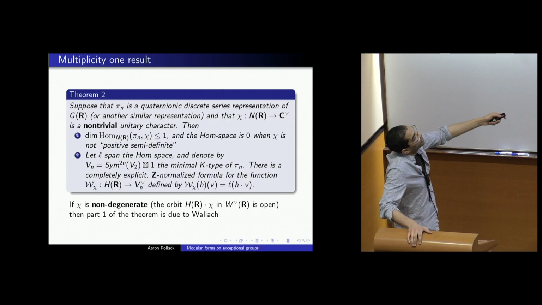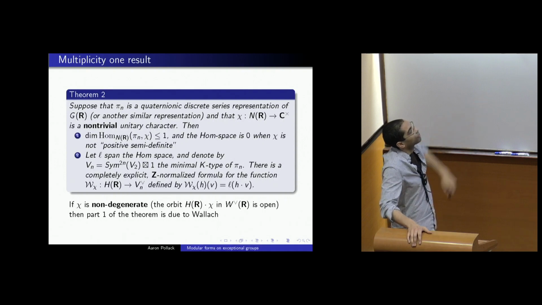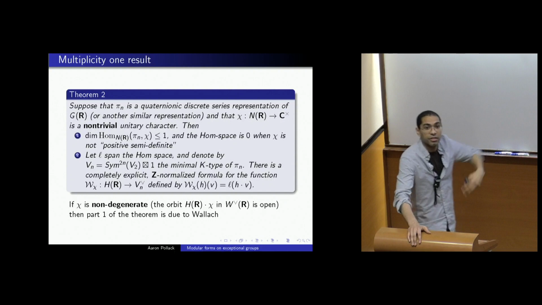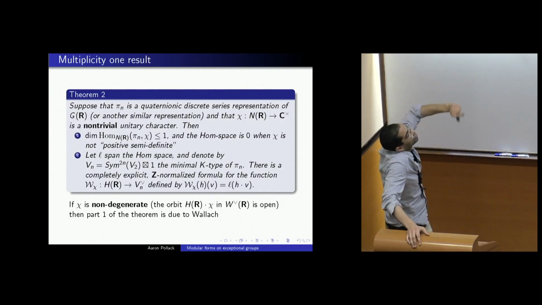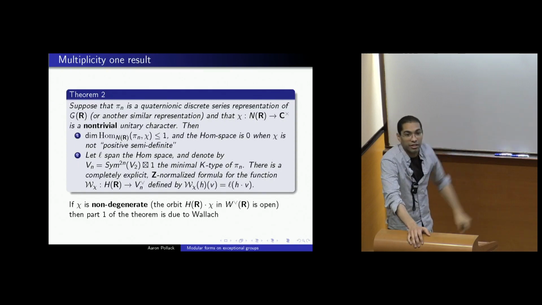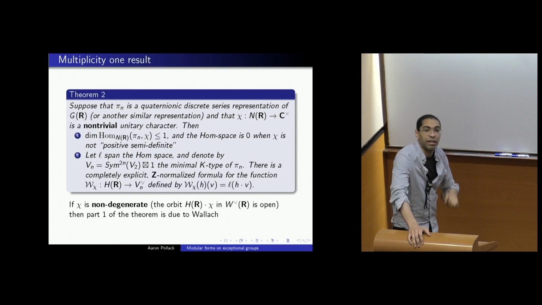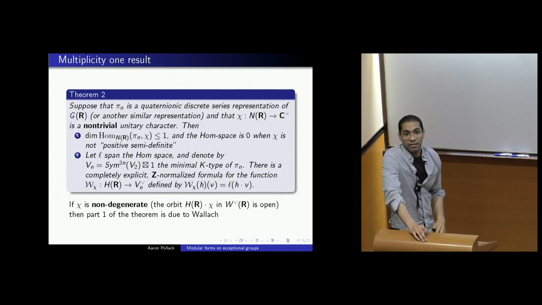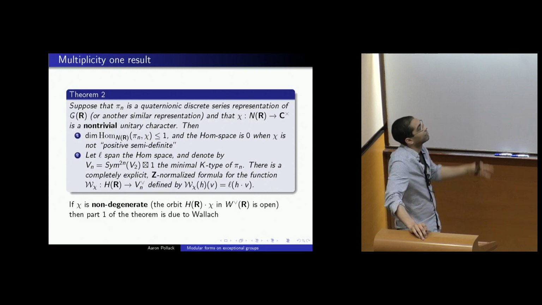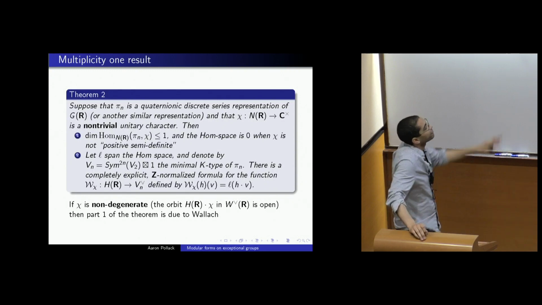So for any such identification and any functional L, you can form this function from the Levi to the dual of the minimal K-type. And so you have this complex line of those. And part 2 is saying that you can write down this function so explicitly that you can just literally write it down without any ambiguity. There's a choice that's so natural that it's unambiguous.